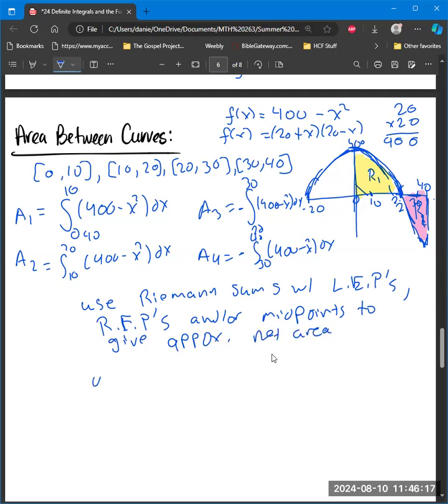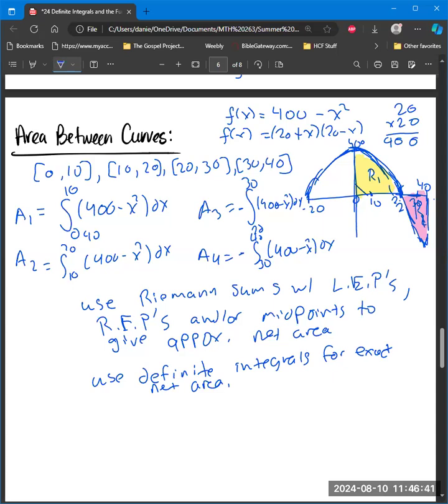We'd use definite integrals for the exact net area. All right, that's just bringing a bunch of ideas together.